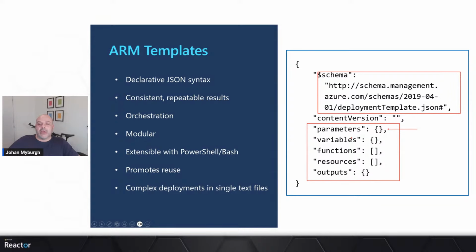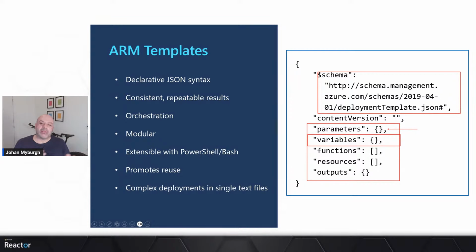parameters. We also have something called variables, and variables are typically used when I want to reuse something, right? So think, for example, if I was creating 2 virtual machines, both on the same virtual network, I might want to prompt the user for the virtual network name and then map that virtual network name, the parameter, into the variable and reuse that network name as a variable throughout my template, right?